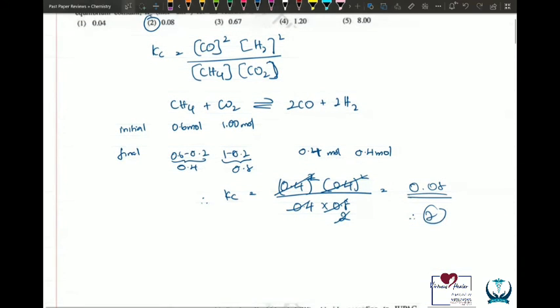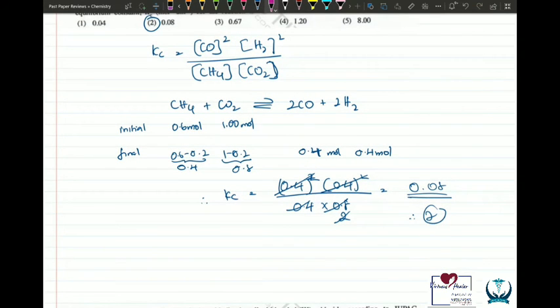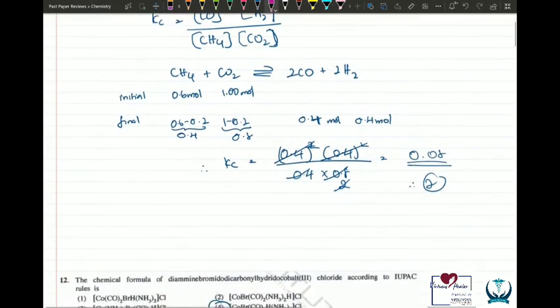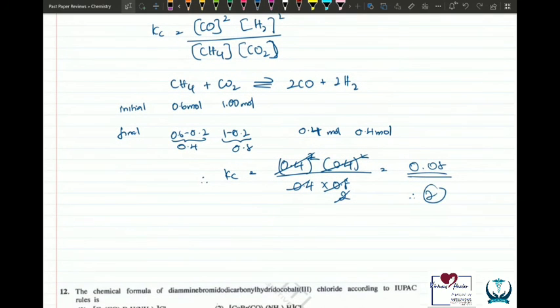So initially, we have 0.6 moles of methane and 1 mole of carbon dioxide. And finally we have 0.4 moles of carbon monoxide formed, which means there will be 0.4 moles of hydrogen formed. Because the stoichiometric ratio of carbon monoxide to carbon dioxide and methane is 2:1, 0.2 moles of each of the reactants would have reacted to form these products.